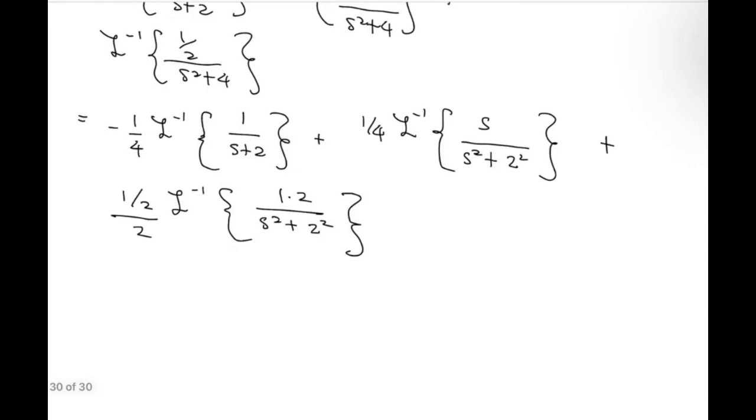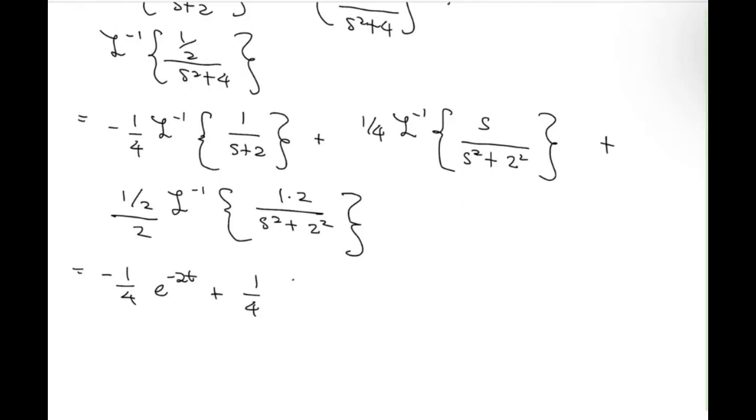Alright, now by referring to the Laplace table, 1 over 4, so 1 over s plus 2 is exponent minus 2t, plus 1 over 4.